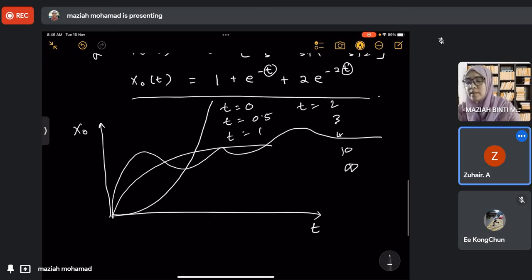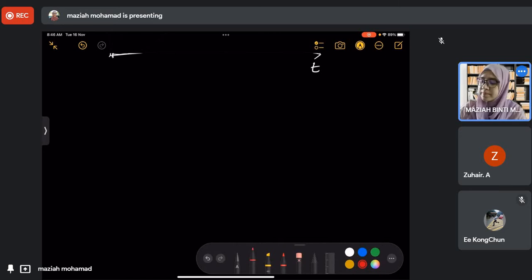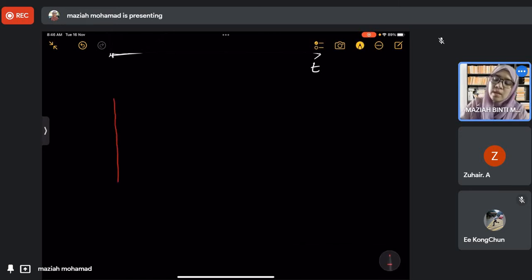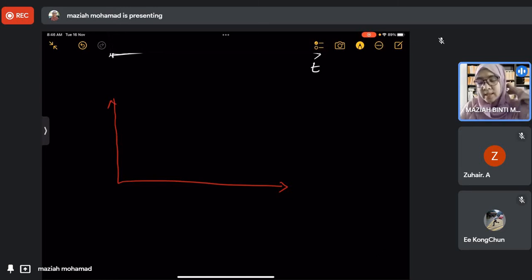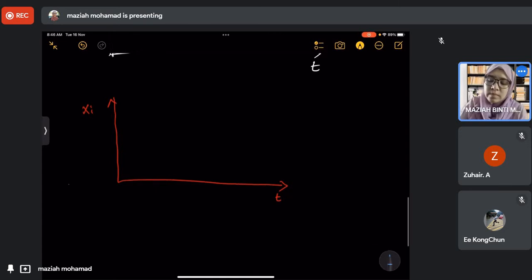Okay, like I mentioned, let's plot this. This is xi, this is t. The signal is like this. It is a unit step.